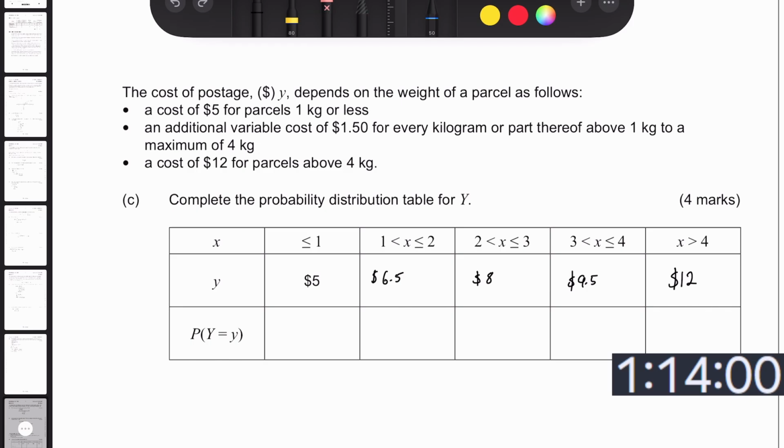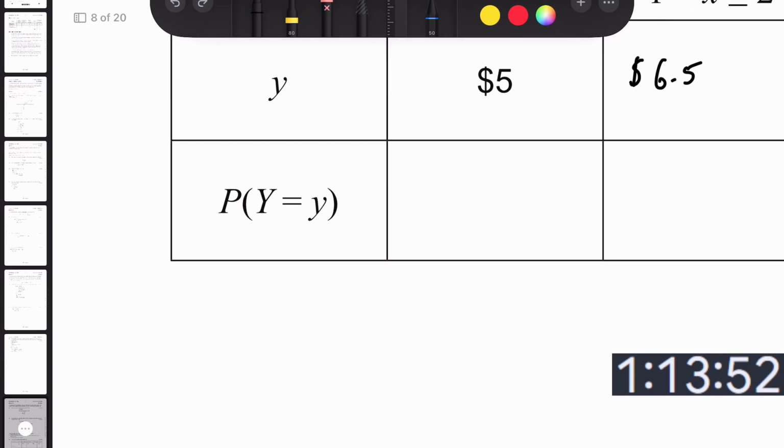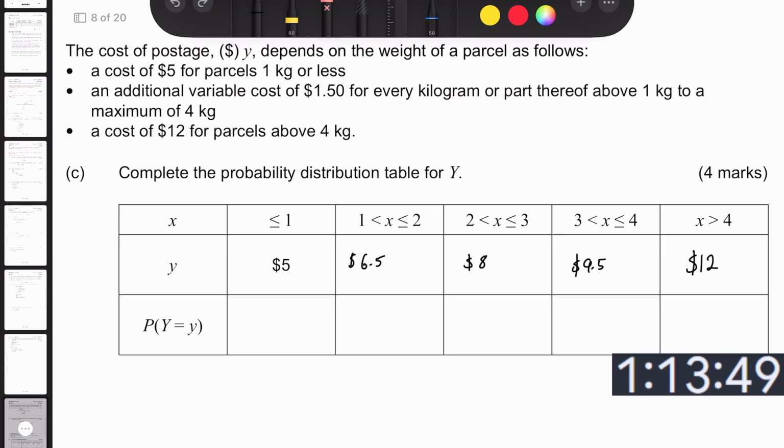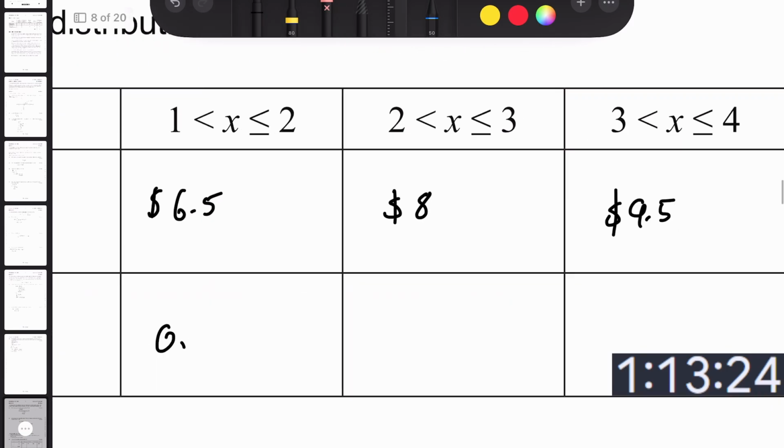Okay, so there are going to be a lot more CDFs. Complete the probability distribution table. So we'll say negative infinity to 1 of 1 of 3, 0.0228. Next one is 1 to 2, 0.1359.